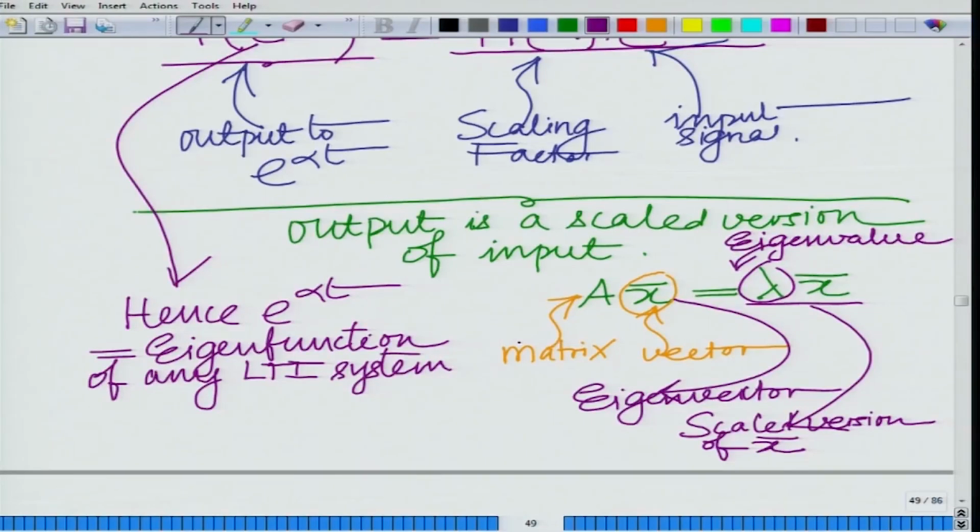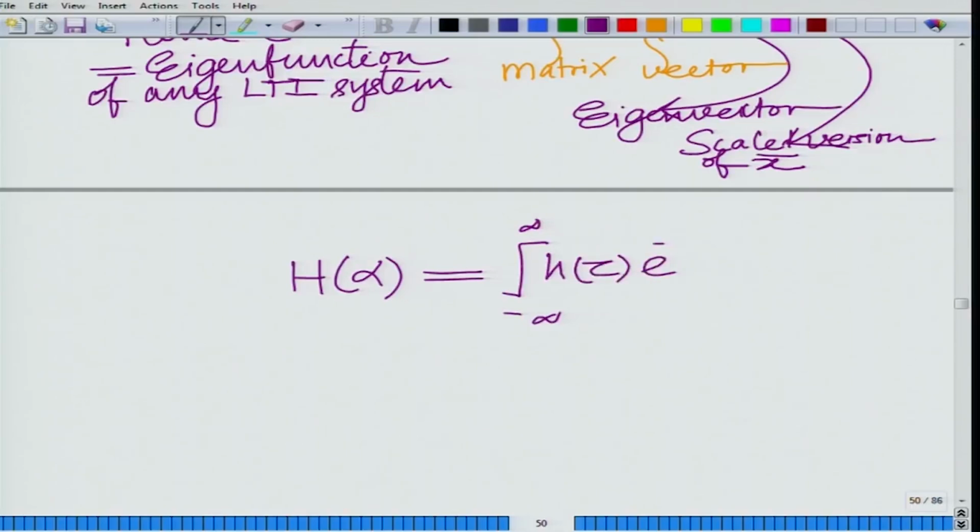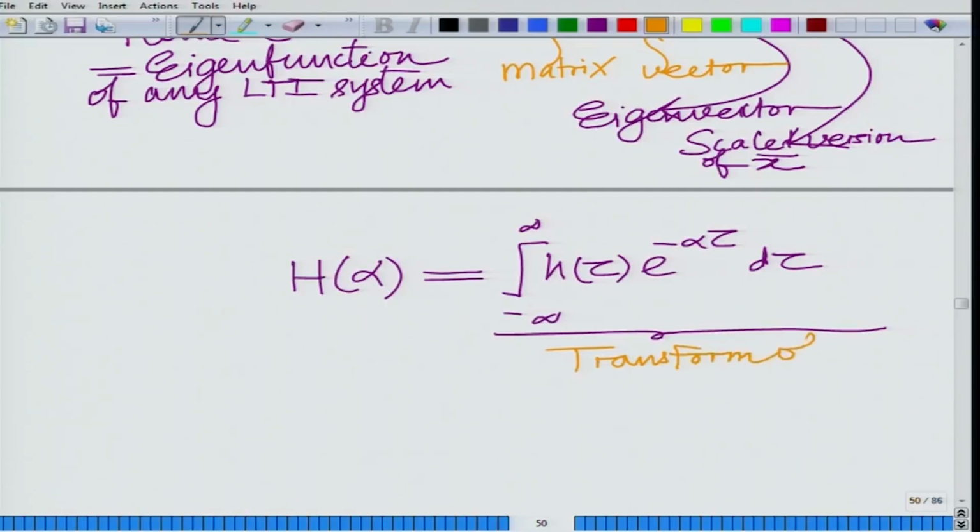And these eigenfunctions play a very important role, because if you look at this H(alpha), which is equal to the integral from minus infinity to infinity of h(tau) e power minus alpha tau d tau, this is known as a transform of the impulse response h(tau), and there can be several such transforms depending on the nature of alpha that is chosen.